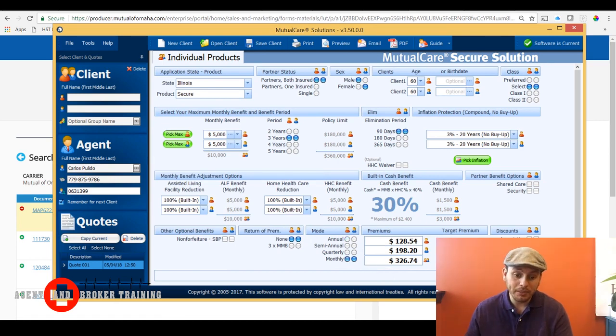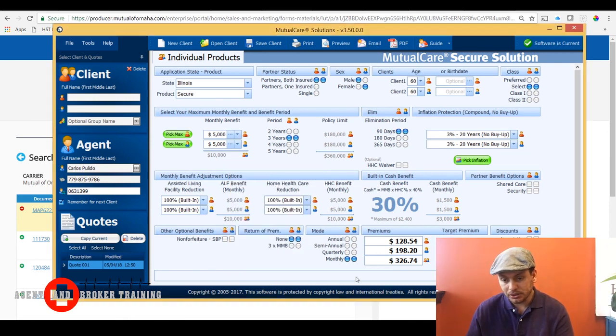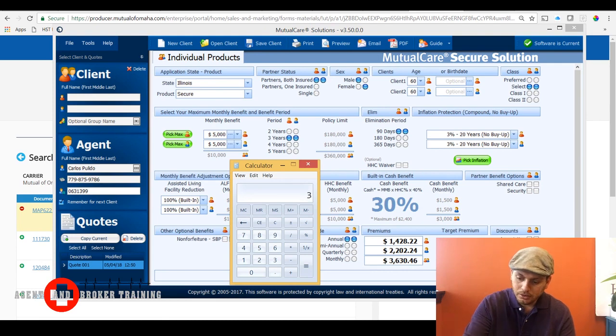So there might be some discount if you go annually versus monthly. Let's double check this. The monthly payment is $326.74, and if we go annually, 3630.46 divided by 12 is 302.58. So there is a little bit of a discount if you pay all up front, all at once. Okay, so think about that.